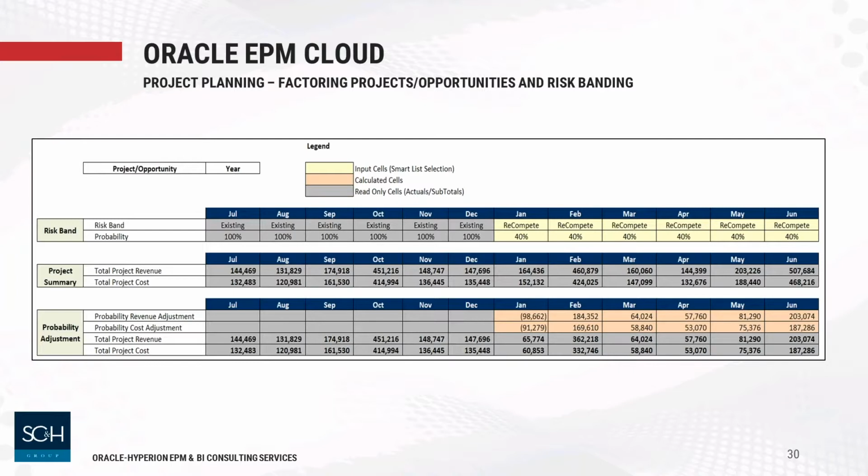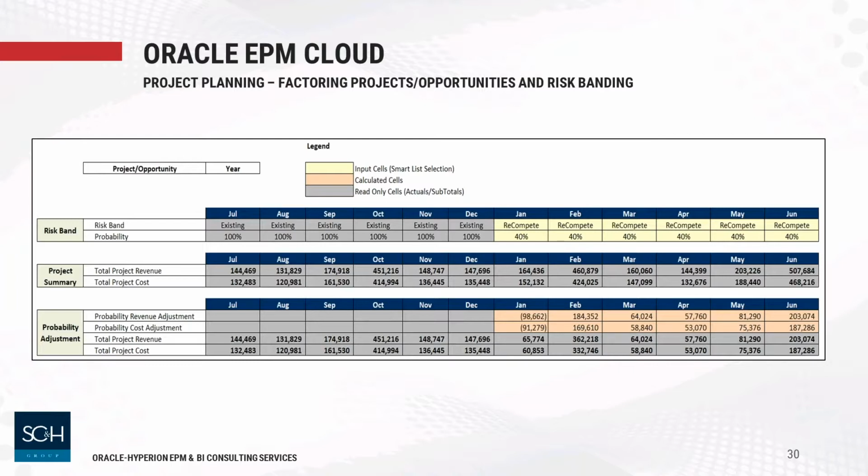Instead of actually building the assumptions bottoms up, with the percentage win probability, the system could be configured such that you can classify a project by band. In this example, we're looking at an existing project that's up for recompete beginning January forward, with a 40% probability of the organization actually having that business going forward.